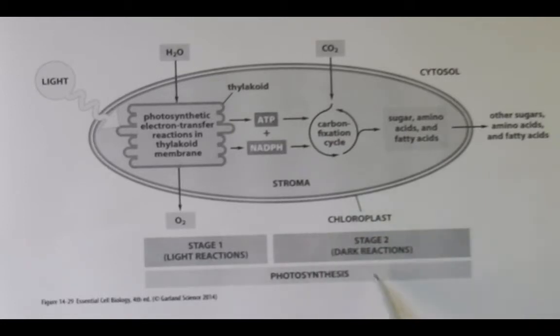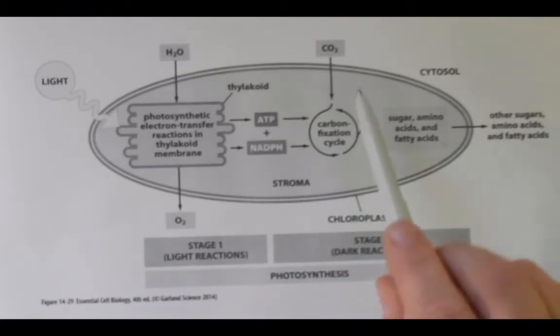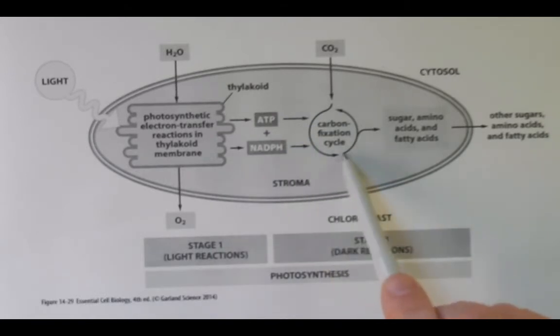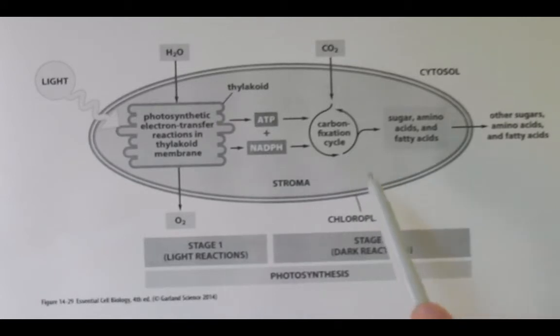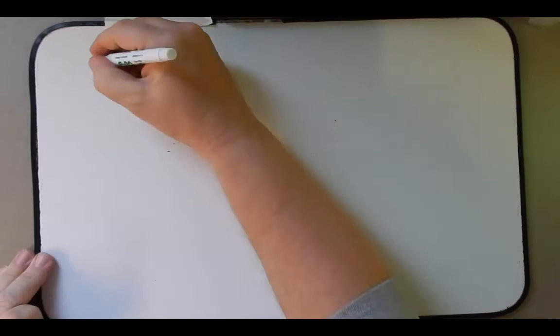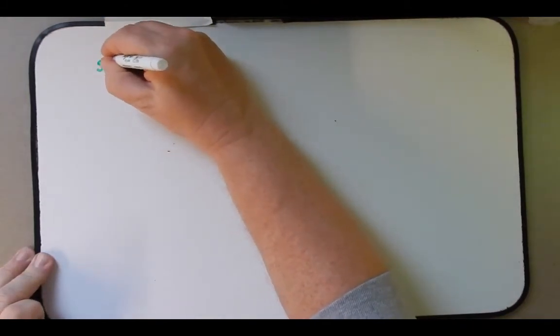Then, when we're done with that, we'll move on to stage 2 and how stage 2 uses ATP and NADPH in the carbon fixation cycle. You may have learned it at some point as the Calvin cycle, same cycle, and how that is used to generate sugars, amino acids, and fatty acids. So now, let's look at stage 1 and stage 2 and provide a little bit more information about these two stages.